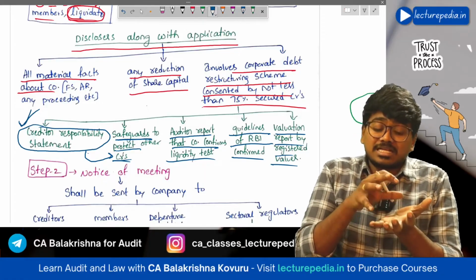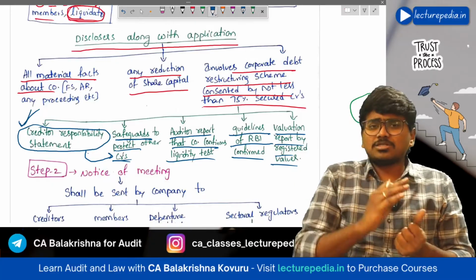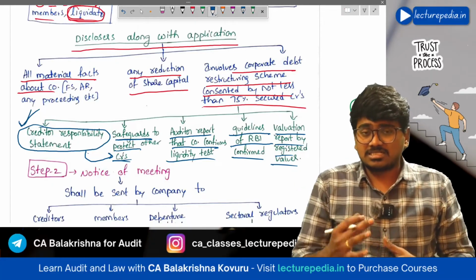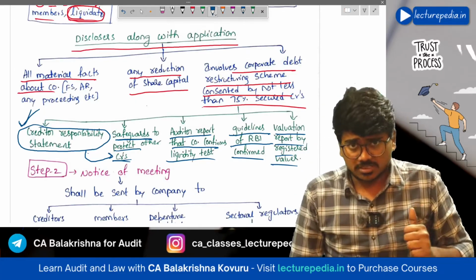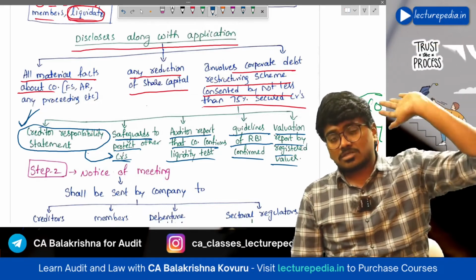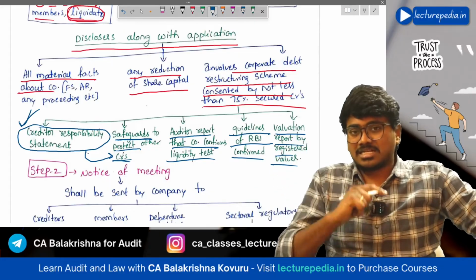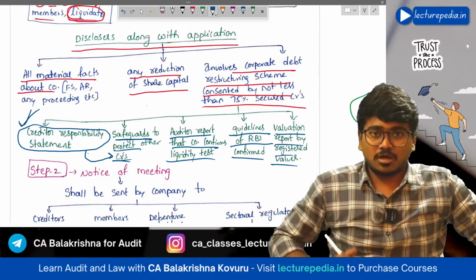So to prove that the company is really in a bad situation, the company has to submit the valuation of its assets. Let's say, for example, the company has to pay 30 crores to the creditors, and the company has assets worth 1000 crores. In such a situation, why will creditors offer a reduction in the rate of interest, or an increase in the tenure of repayment?